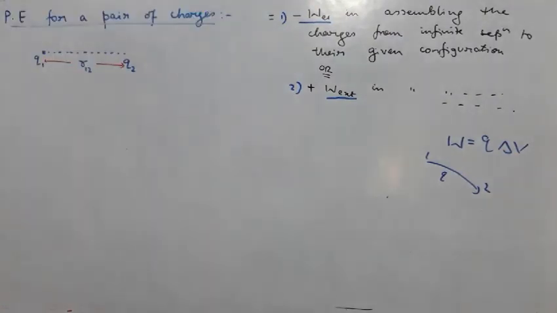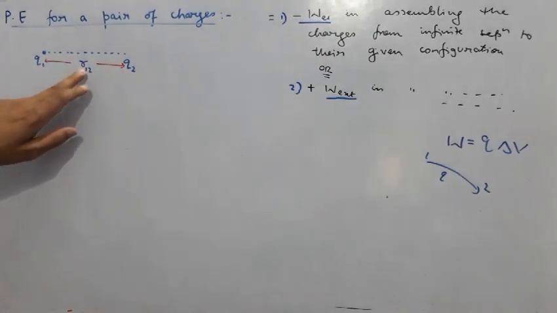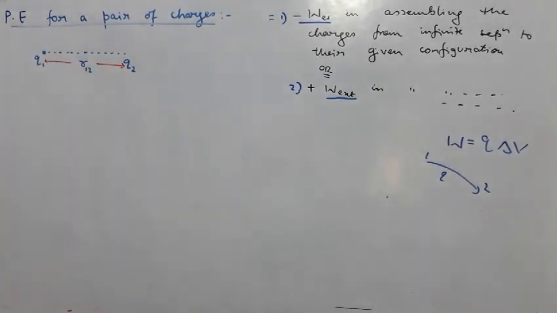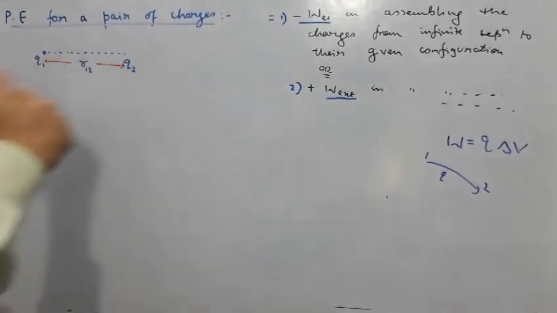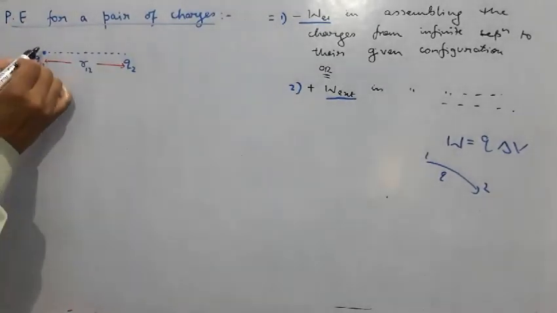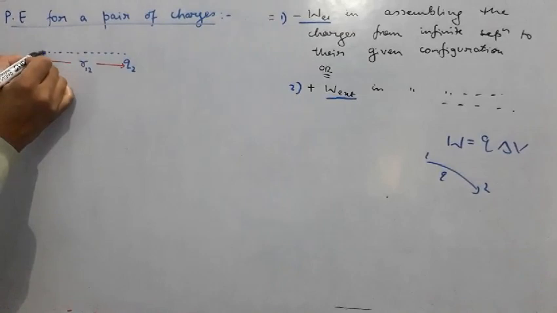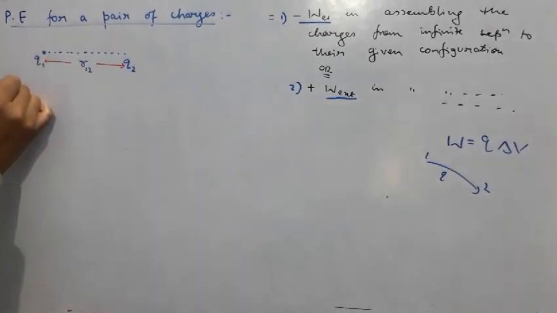Let's see first how to calculate the potential energy for a pair of charges. If we have 2 charges Q1 and Q2 separated by some distance R12, then as per the method which I discussed just now, first I will bring charge Q1 from infinity to this point. For that I need to do some work that I write as W1.